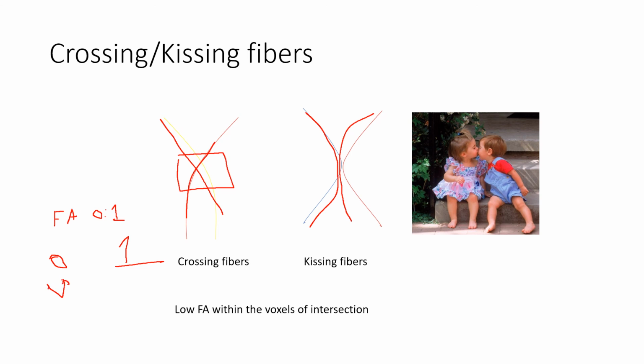So 0 is it's going out in every direction equally, and 1 would be perfectly linear. So in the brain, we're not ever 0 and not ever 1. We can get close to 1, but in these areas where you're crossing or kissing fibers, FA is going to look lower.